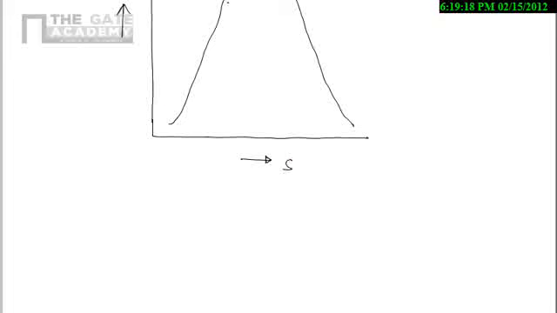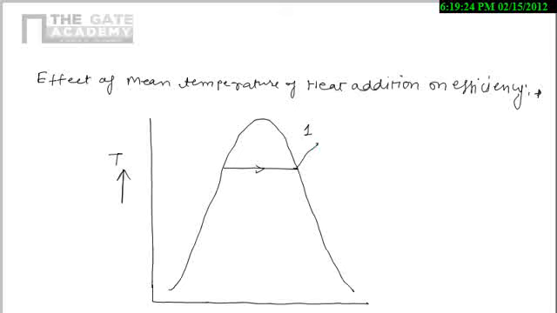So we know our TS diagram for the ideal cycle: 1, and then 2s as we are representing the ideal. Now we have 3, we have 4s, and this one is our ideal cycle, 1, 2s, 3, 4s, and 1.